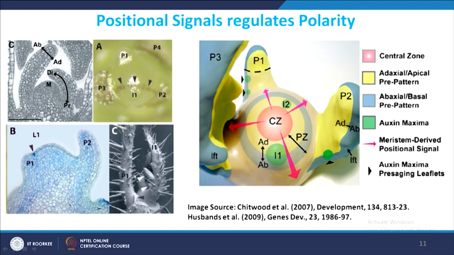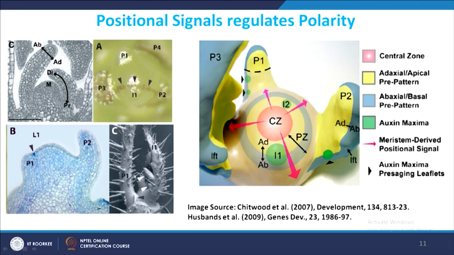What you do is make a very small incision in just the L1 layer between the primordium and the meristem. If you make an incision here in the L1 layer, you see that the leaf primordium coming up here has totally lost polarity. It looks very different, with a more radial patterning.